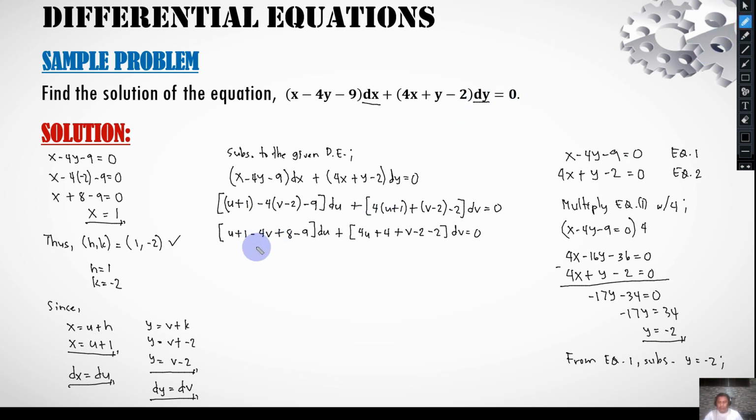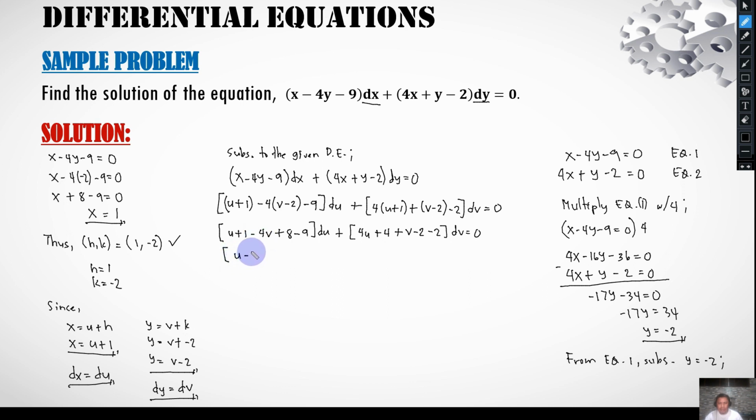So after that one, if you can observe, meron tayong plus 1, saka plus 8, so 9. 9 minus 9, so magka-cancel out itong 1, at saka 8, at saka itong minus 9. So ang matitira dyan is ito na lang u at saka minus 4v.